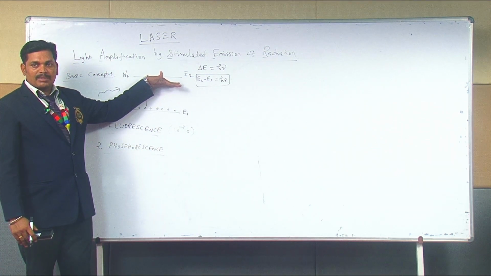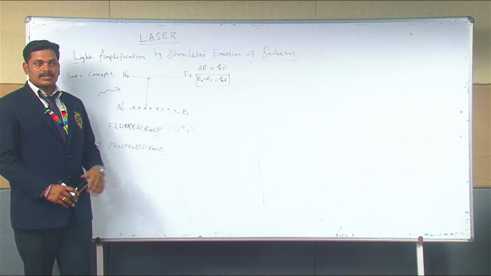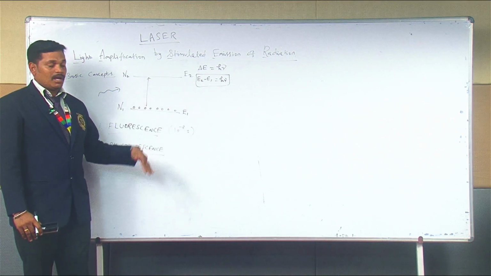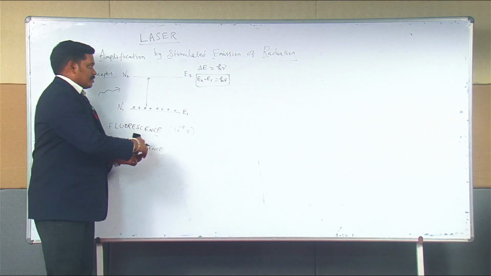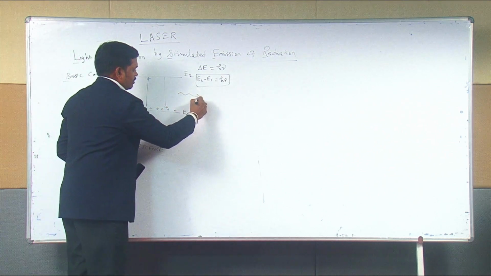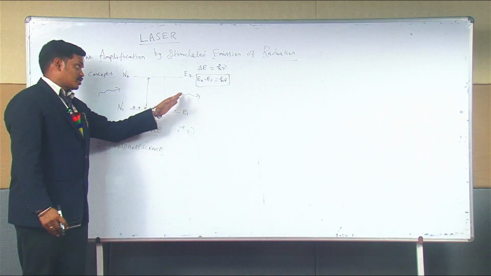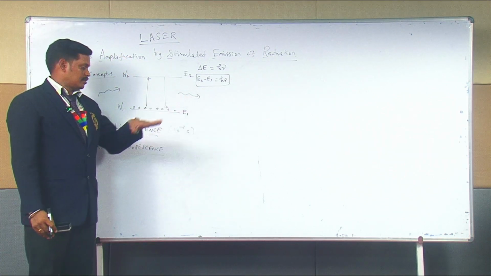After that, it will come back to the ground state. This is the regular process. During that transition, if it can radiate, that is the laser output. But it is not possible in all conditions.